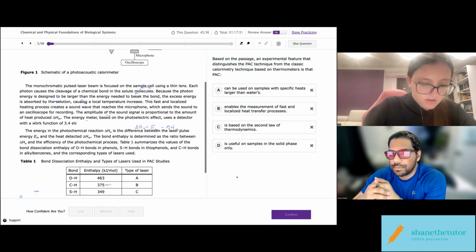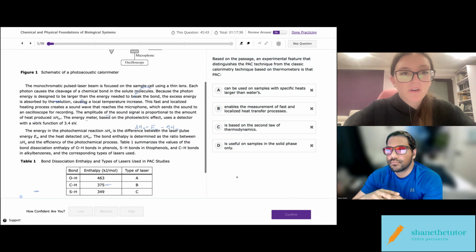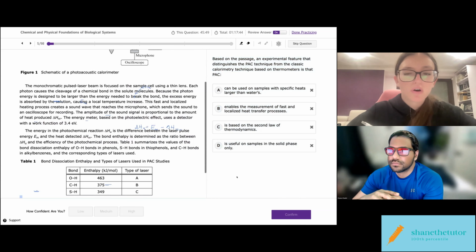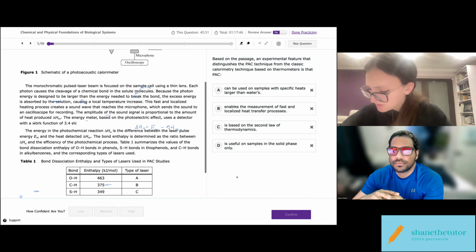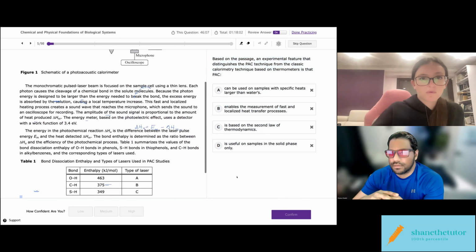I thought you measure the specific heat of water when you're going into it, that's part of the Q equals mCΔT equation. So can we use samples with specific heat larger than water? It could be lower, as long as you know what the constant is, you're measuring it as a scale of it. So I feel like A isn't necessarily right.